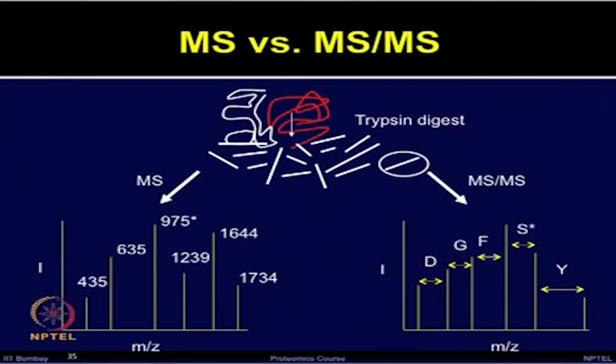This slide gives you a comparison of MS versus MS/MS analysis. In MS, a peptide is fragmented and masses of the fragment ions are recorded in a spectrum. The tandem MS or MS/MS uses two stages of mass analysis, as we talked earlier.